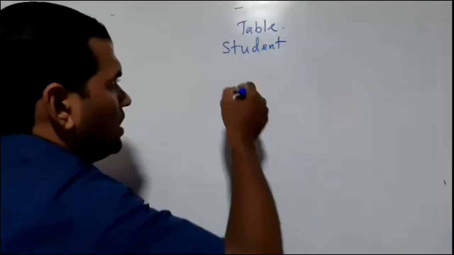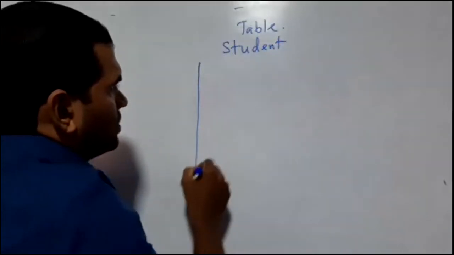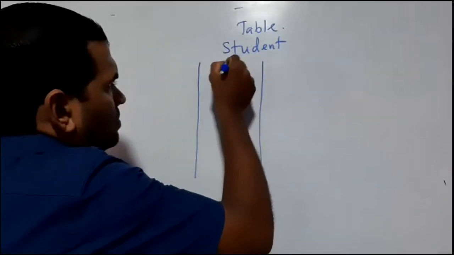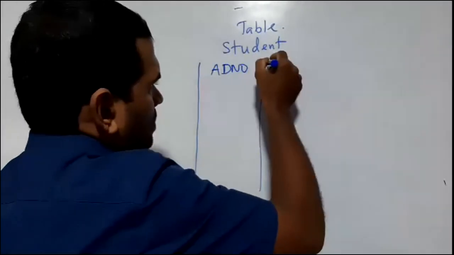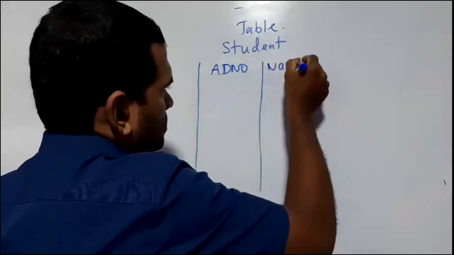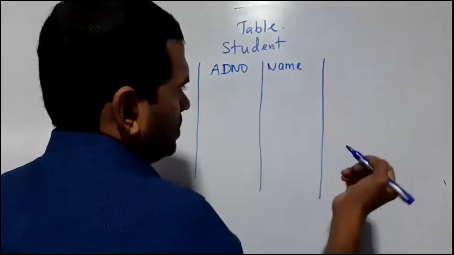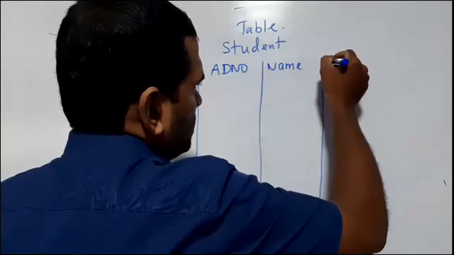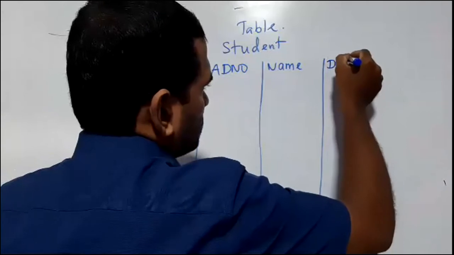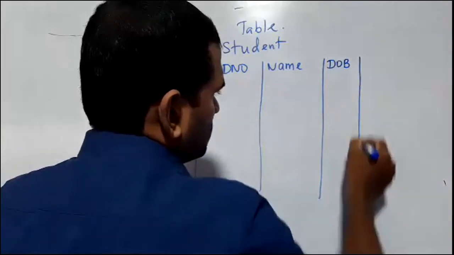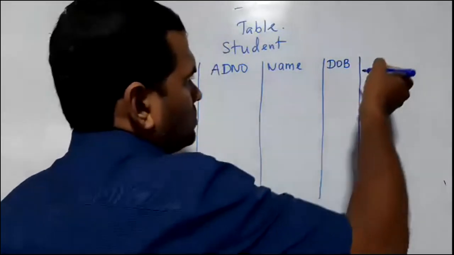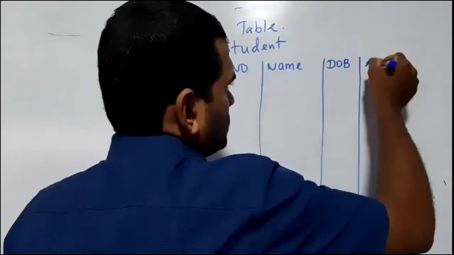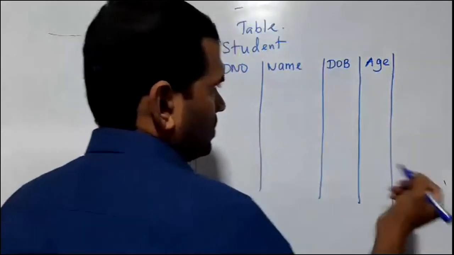So this table has some columns. Let's take this: admission number, student names, let's say the student's date of birth, and age. Now this is enough.